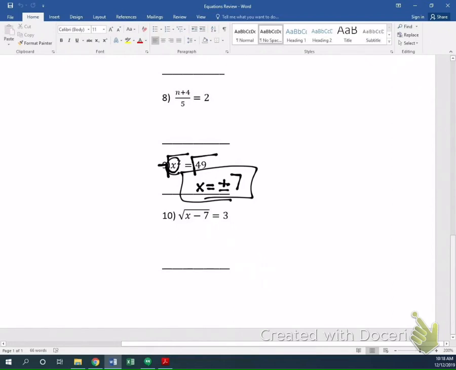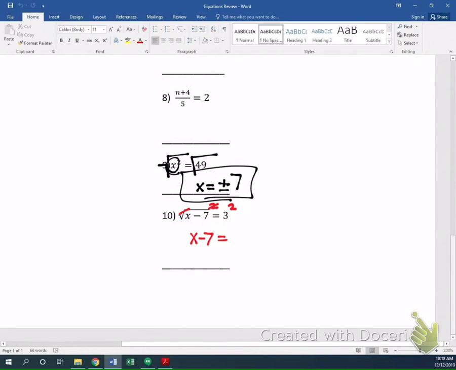10 is the opposite. How do you undo taking the square root? Square it. Good. So I'm going to square both sides. So those are gone. I just have x minus 7 equals, what is 3 squared? Don't say 6.